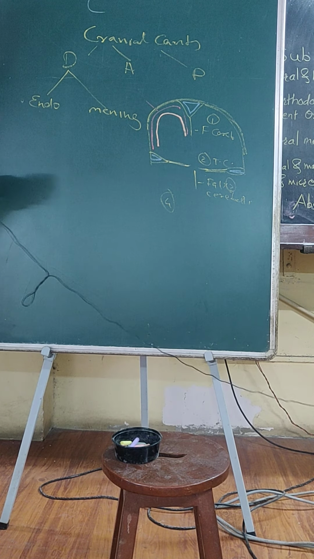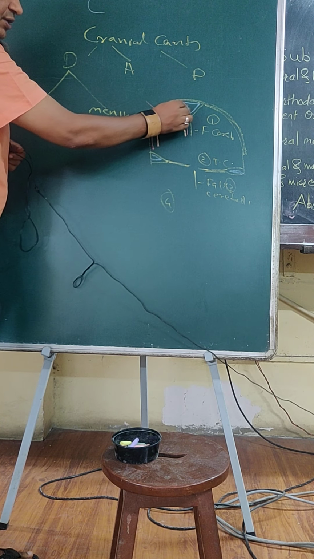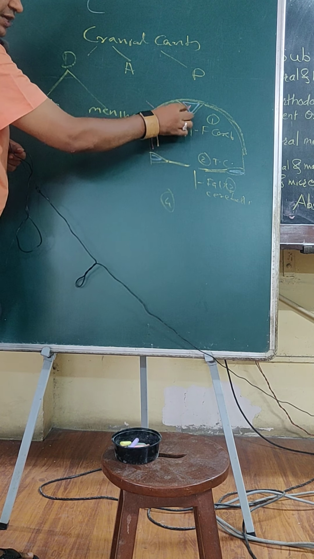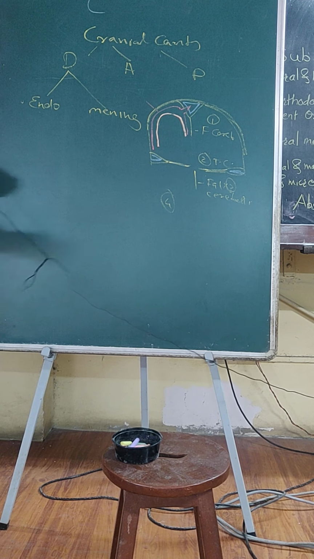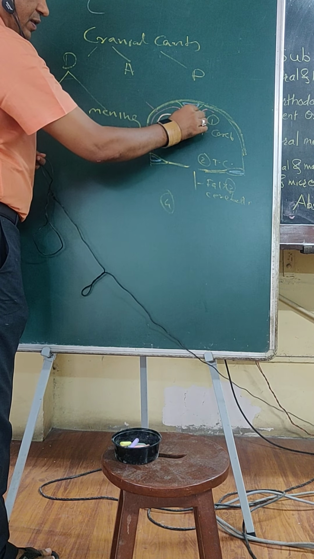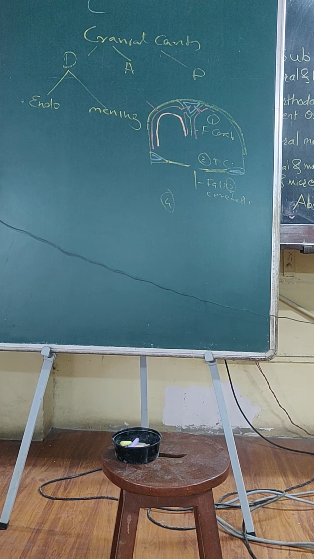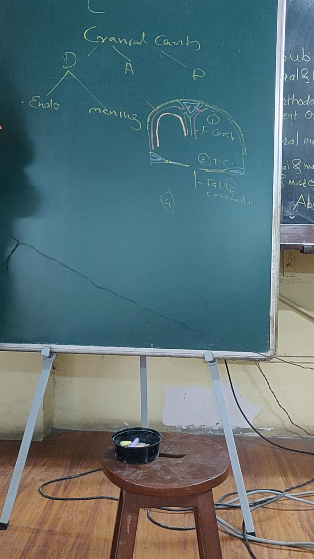Yes. So now this is arachnoid. This arachnoid goes like this into the dural venous sinuses. You are understanding? It goes, and that is how CSF is drained into the dural venous sinus.